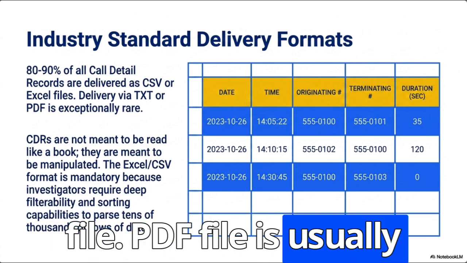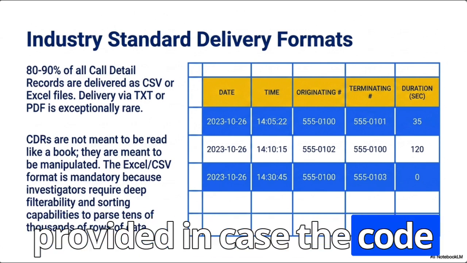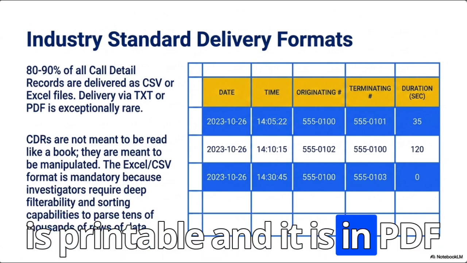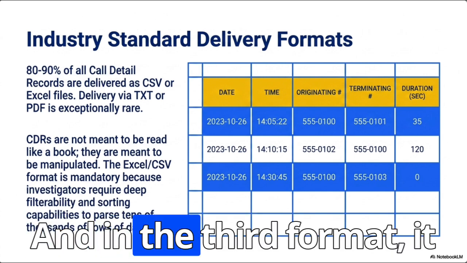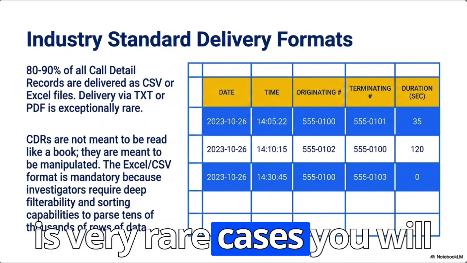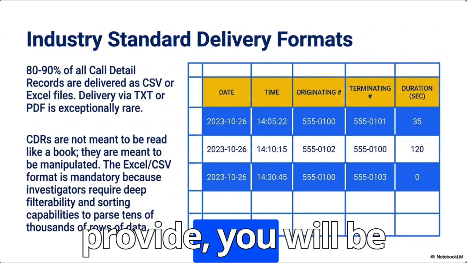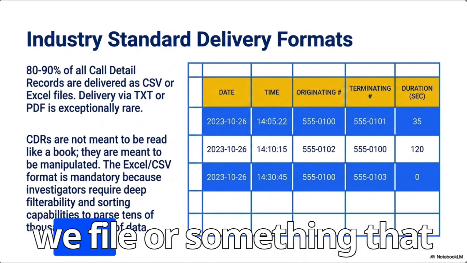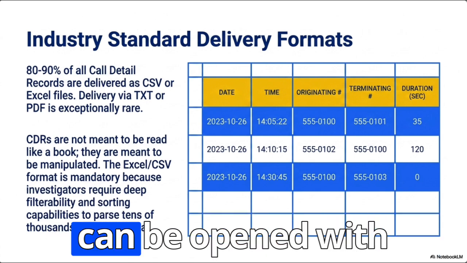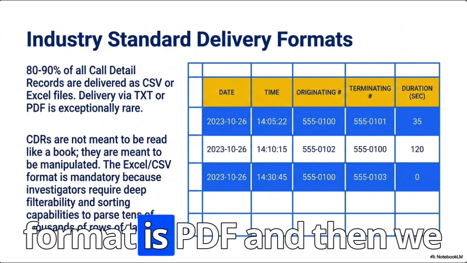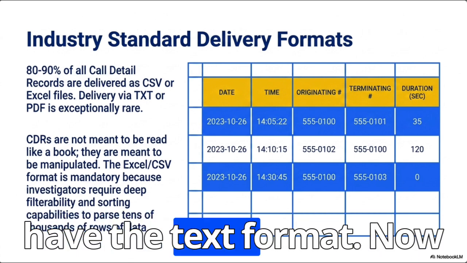A PDF file is usually provided in case the court orders it, because that file is printable. And in the third format, in very rare cases you will be provided with a text file or TXT file. So usually it is a CSV file or something that can be opened with Microsoft Excel. The other format is PDF, and then we have the text format.